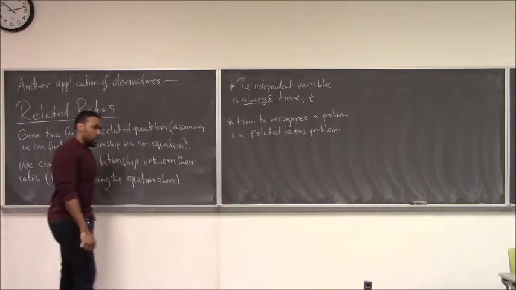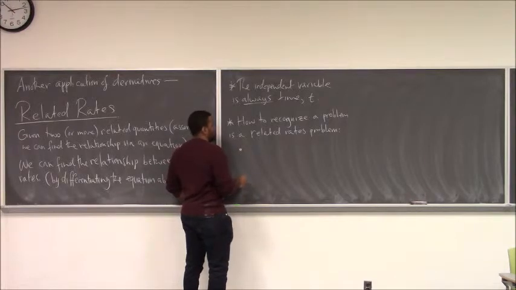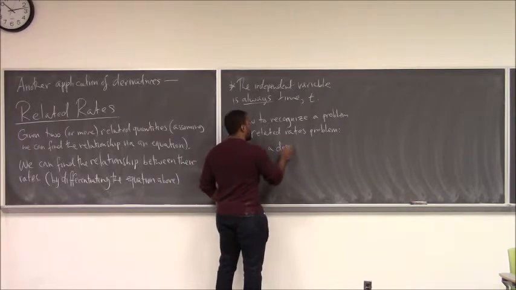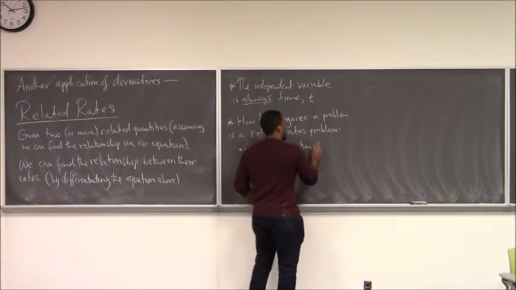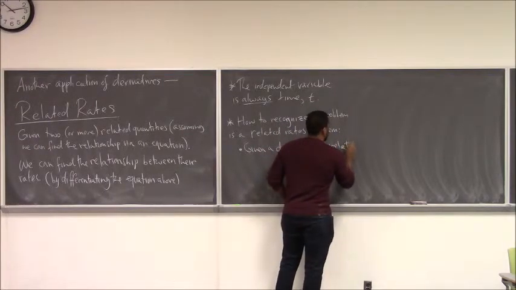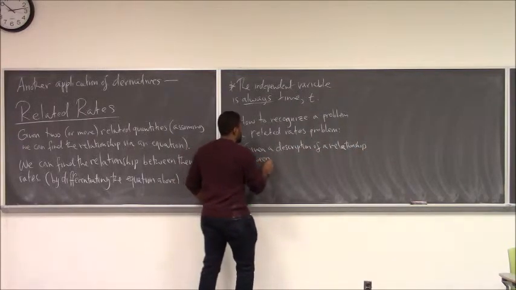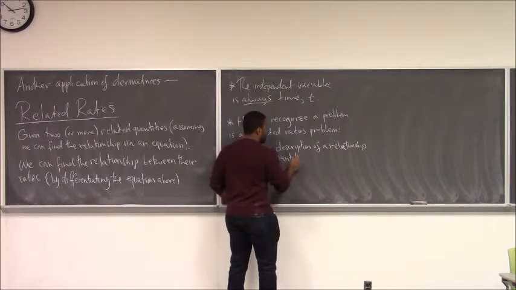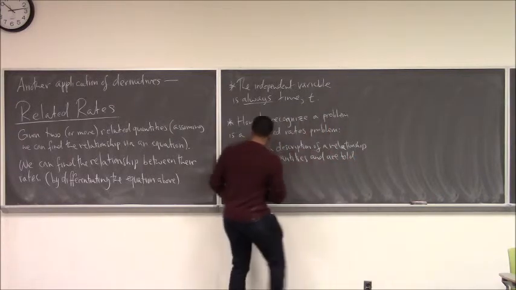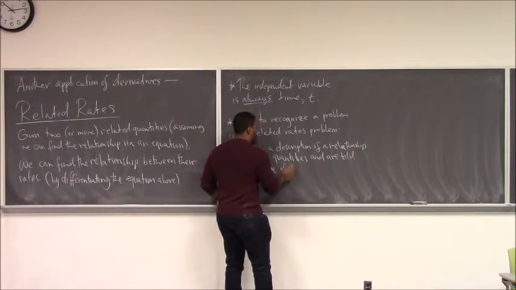Well, that is when you're reading a word problem and you kind of realize that this is the situation you find yourself in. You're given a description of a relationship between quantities, and are told all but one of the rates.